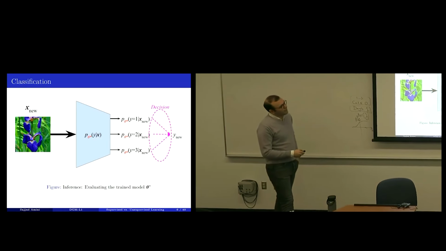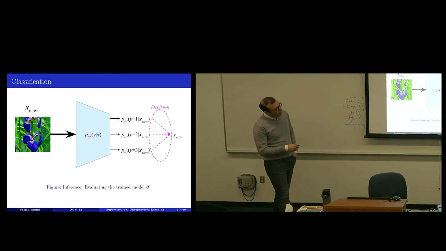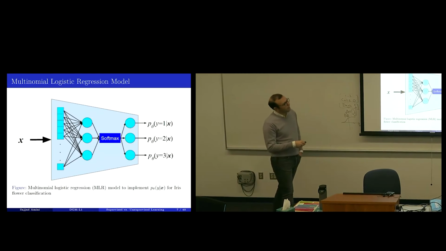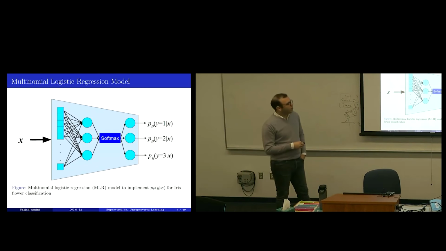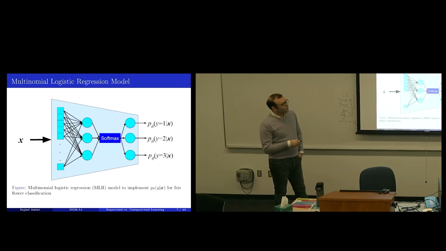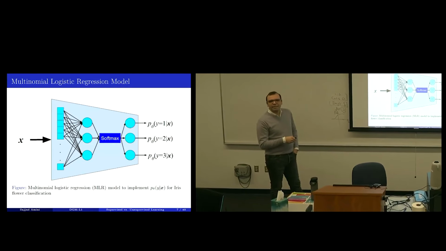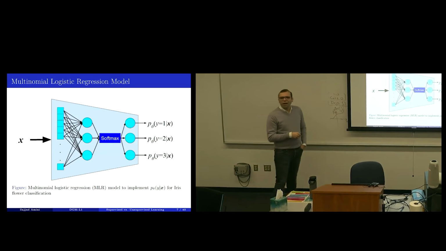So what is inside this probability distribution? The inside can be, for example, a multinomial logistic regression. The multinomial logistic regression is one fully connected layer and then a softmax mixing. The softmax, why do we use softmax here? To convert nodes to probabilities. Exactly.